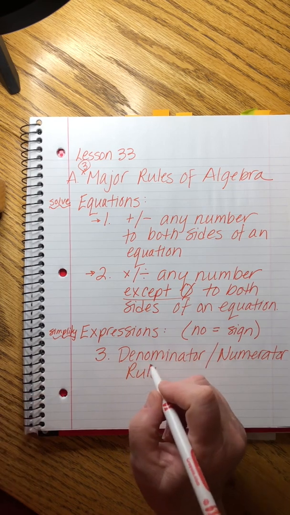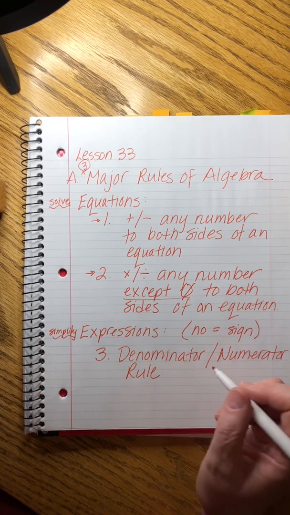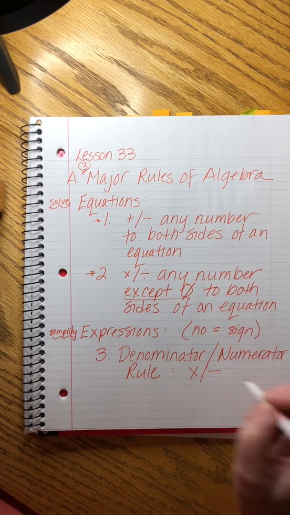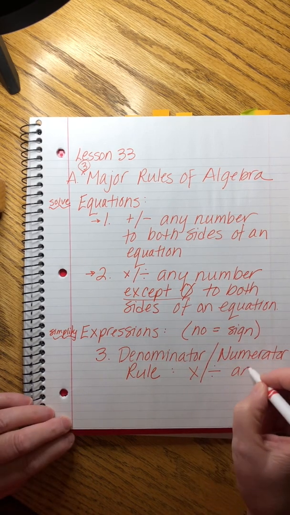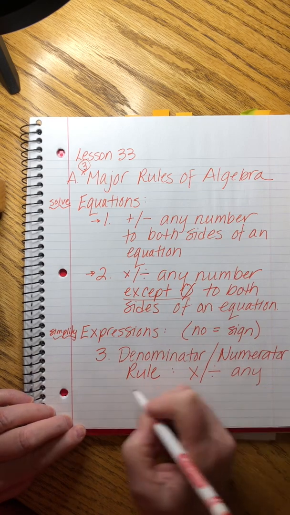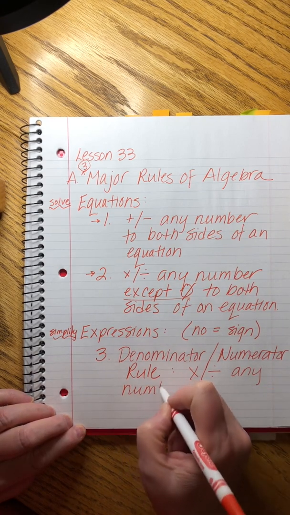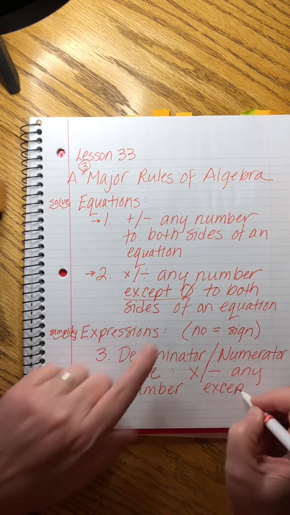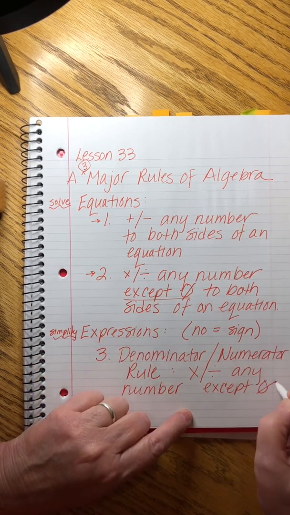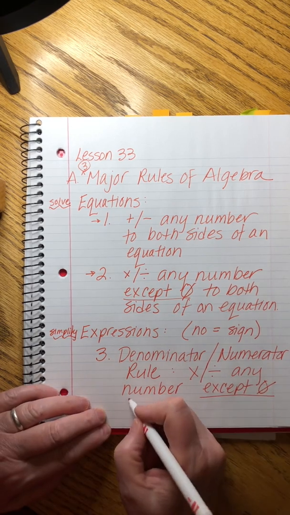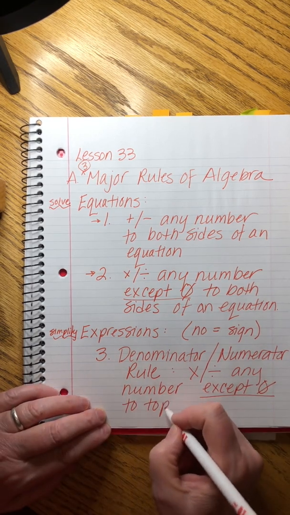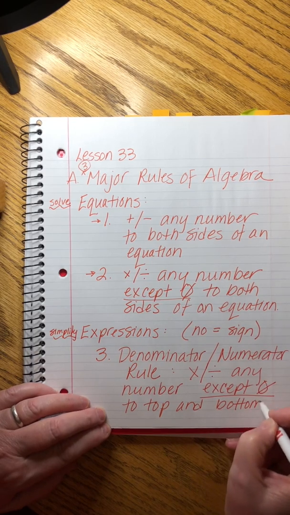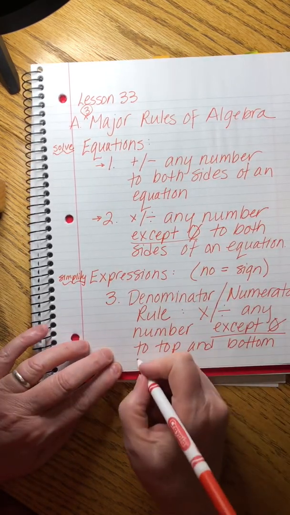And what that means is that you can multiply or divide any number except 0, for the same reasons up here, to top and bottom of a fraction.